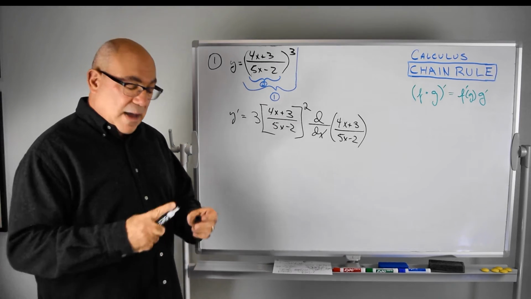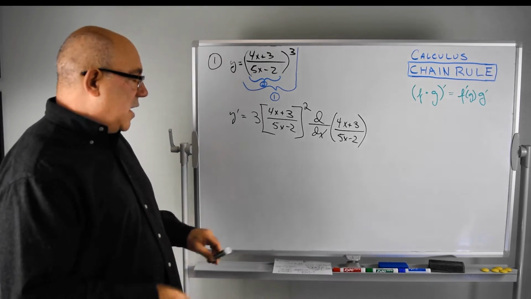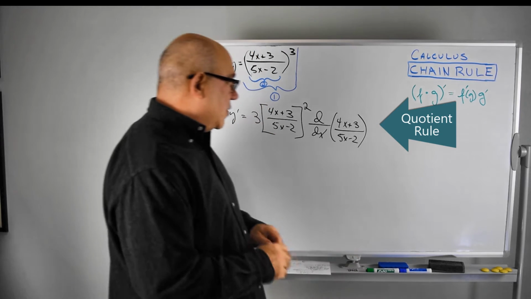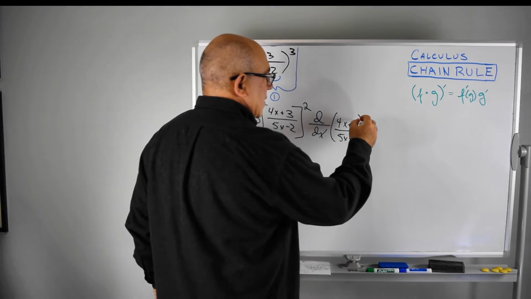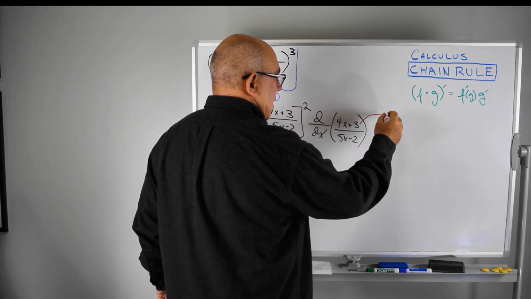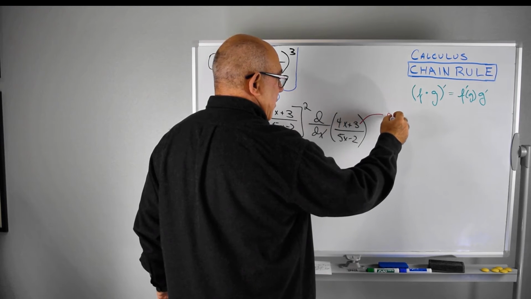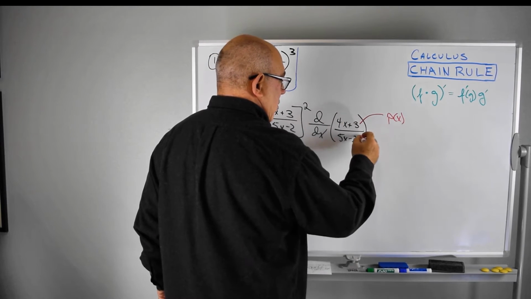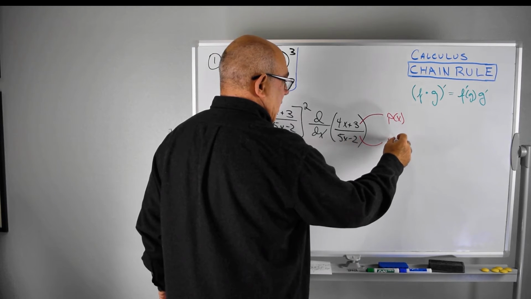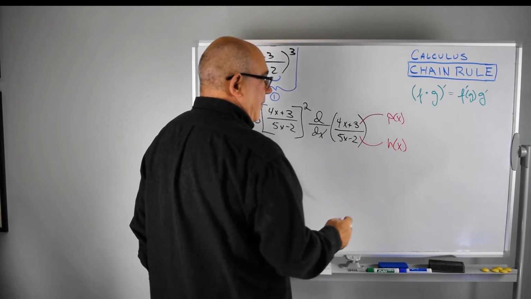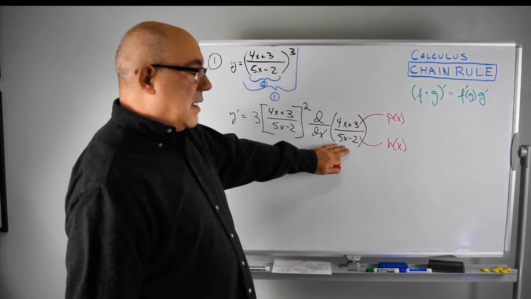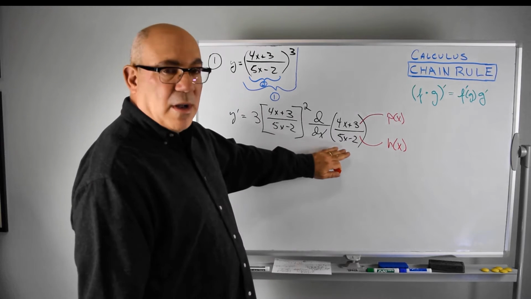And in order to do that, we are going to use the quotient rule, and we'll use some notation here. We'll call the numerator p of x, and we'll call the denominator h of x. I said chain rule, I meant quotient rule.